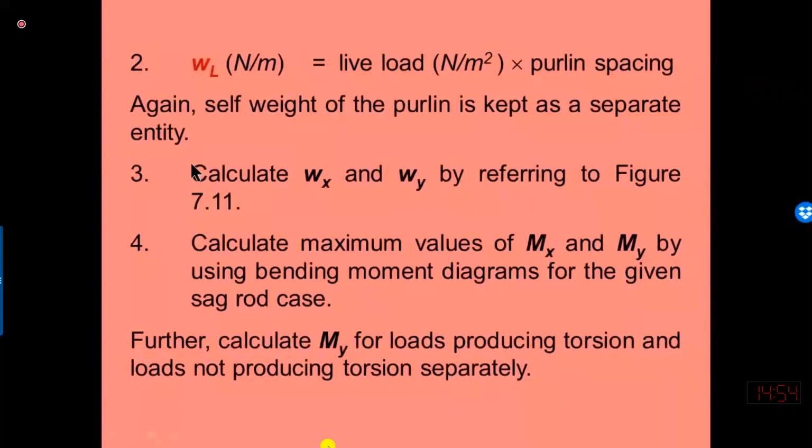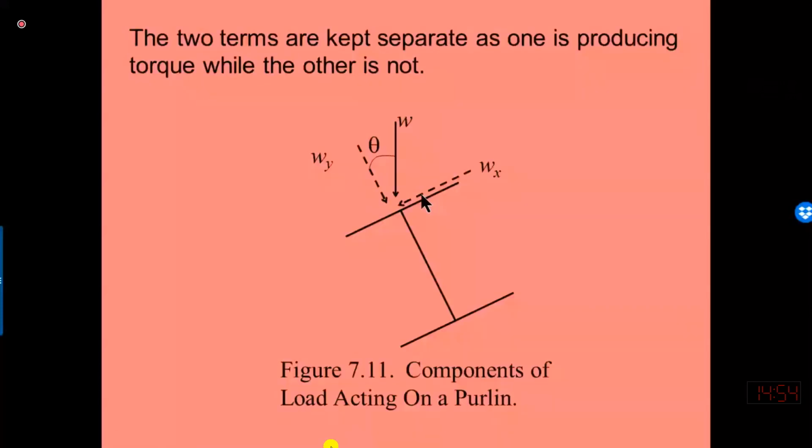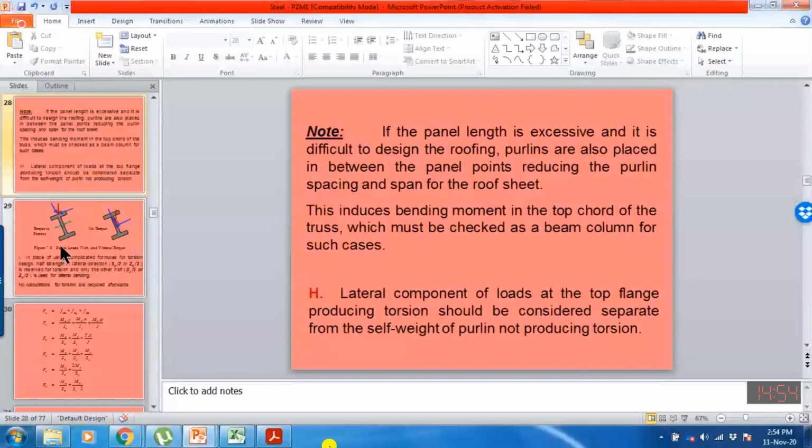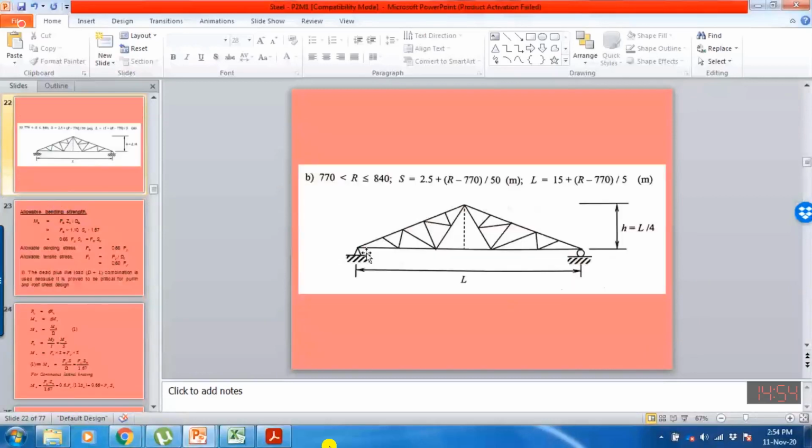We will compute Wx, the UDL load about the x-axis, and Wy, the UDL load about the y-axis, if we know the inclination of the roofing system. So this theta will be equal to the inclination of the roof truss, which you can compute depending upon the length and the height of your truss.